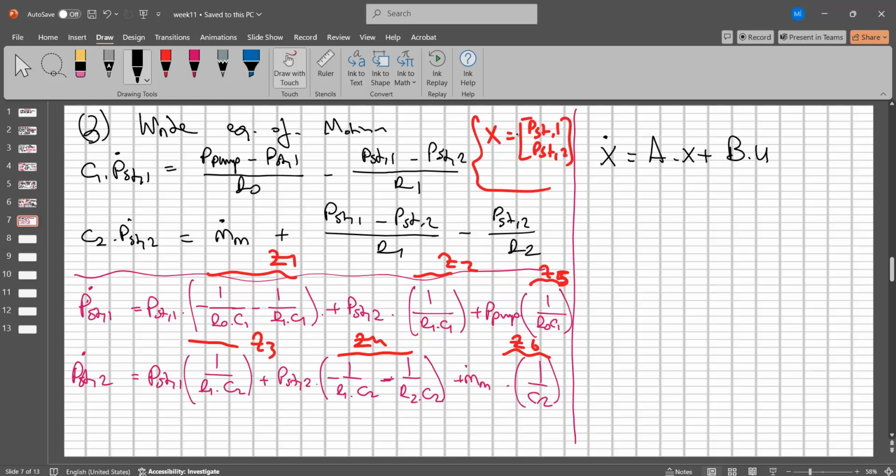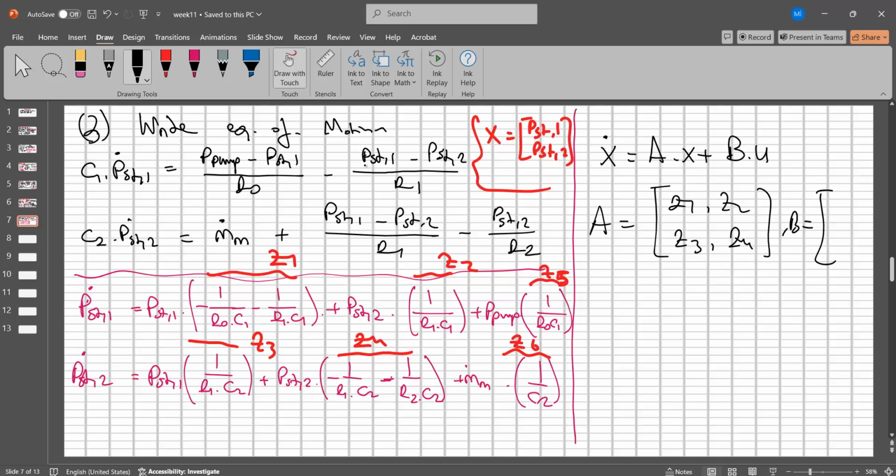Okay? And so, what are the values of the x? X is defined here. Okay? And so, how can we write the A value? Just see that we have a 2 times 2 matrix here, with the values Z1, Z2, Z3, Z4, right? And so what is the B?